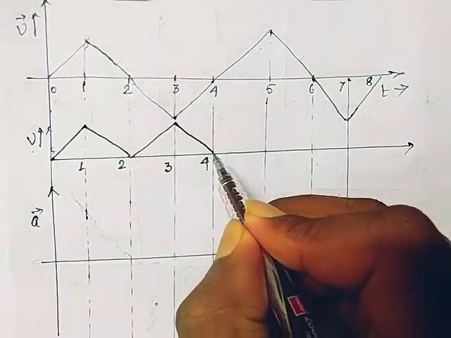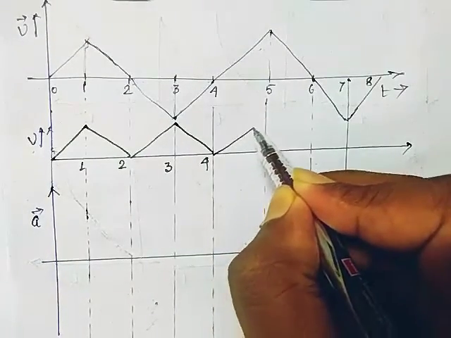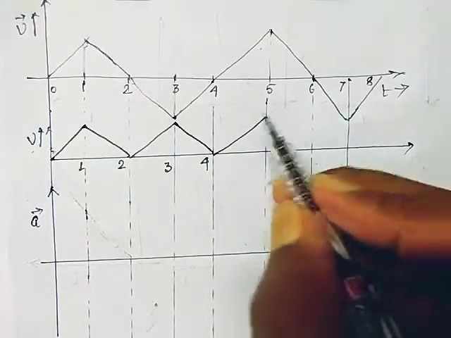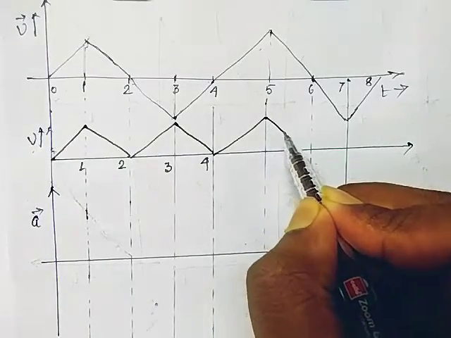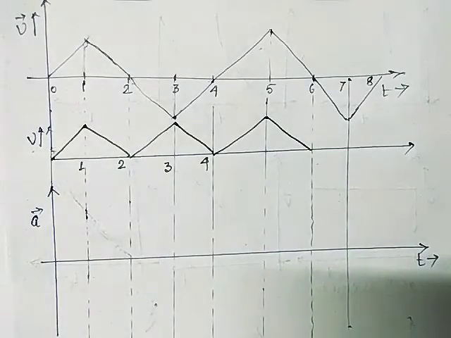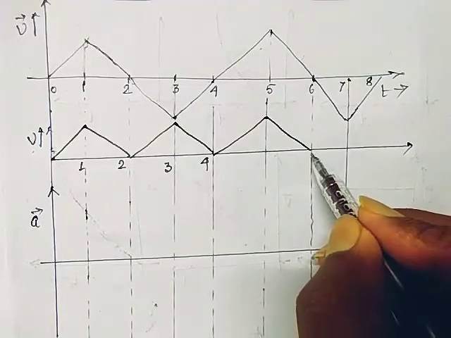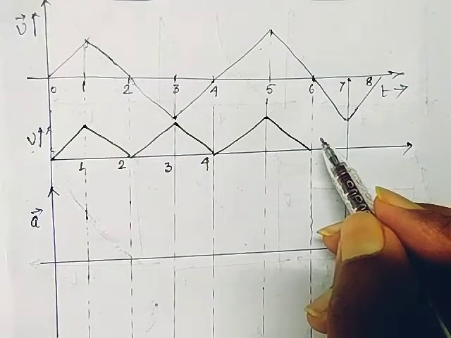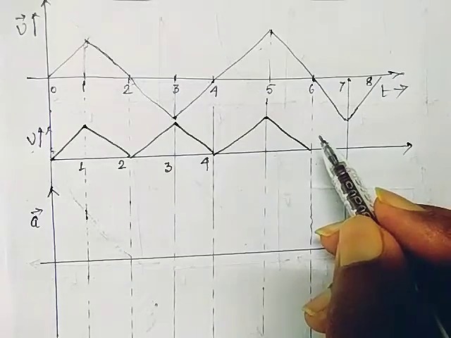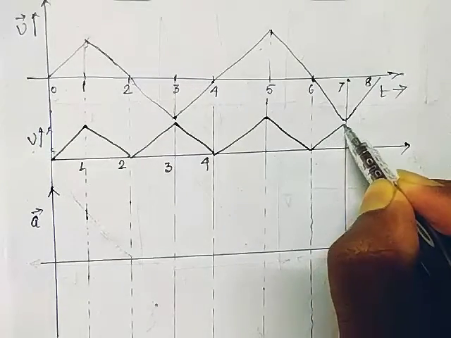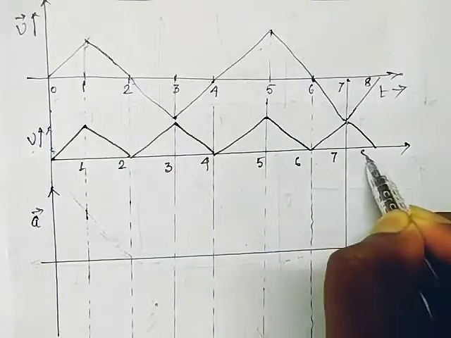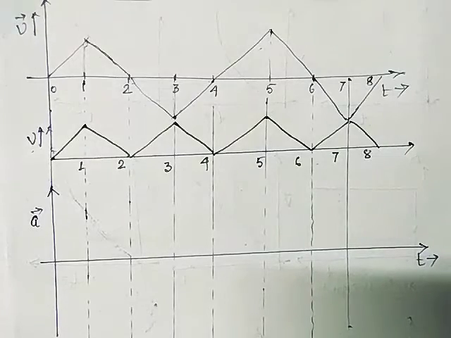Now again in the similar way, from 4 to 5 velocity is increasing, speed is increasing in the positive direction, and here it shows the decreasing, velocity is decreasing in the positive direction. Now the velocity is again increasing but in the negative direction, so we do not take this, we consider the mod value. So it will increase and again decrease, which basically represents the 8 intervals that I am going to show you.